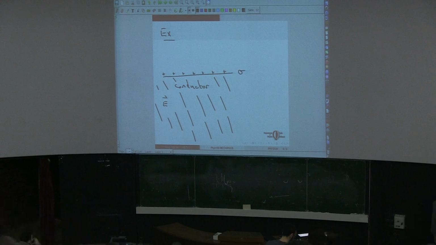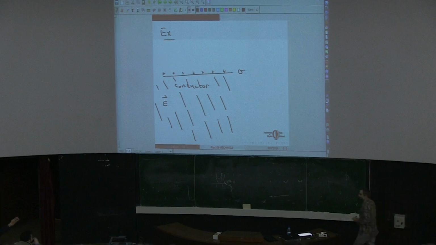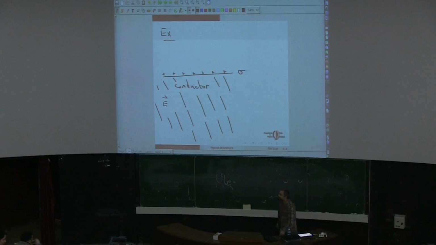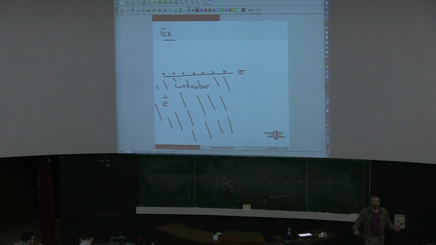No. So what is the electric field in this conductor? The surface is infinite. It's an infinitely large conductor filling half of the universe. This surface is flat.